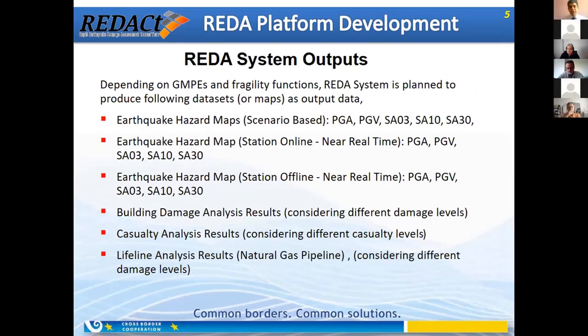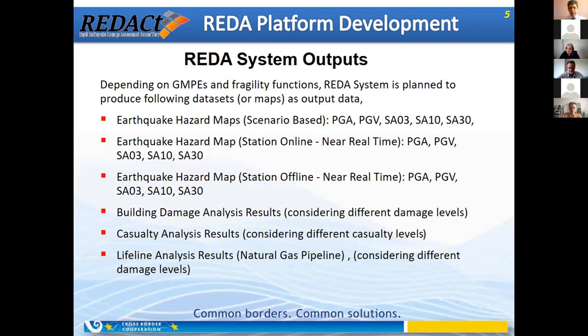So what will be the REDA system outputs? We will use the ground motion prediction equations and fragility functions. Depending on these GMPs and fragility functions, the REDA system will produce the outputs of the earthquake hazard maps.